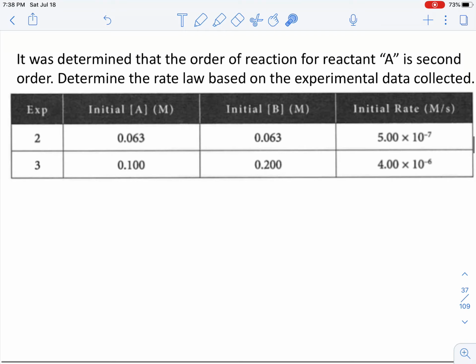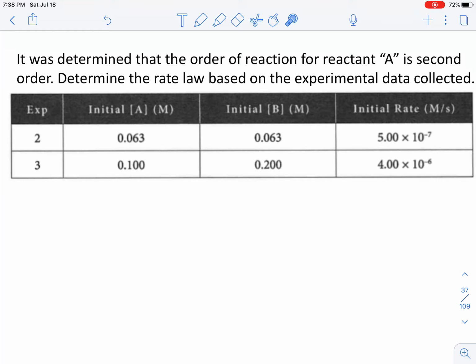Okay. Well, fortunately, we were able to determine, or it was already given to us, that the order of reaction for M, which reflects reactant A, is following second order kinetics.